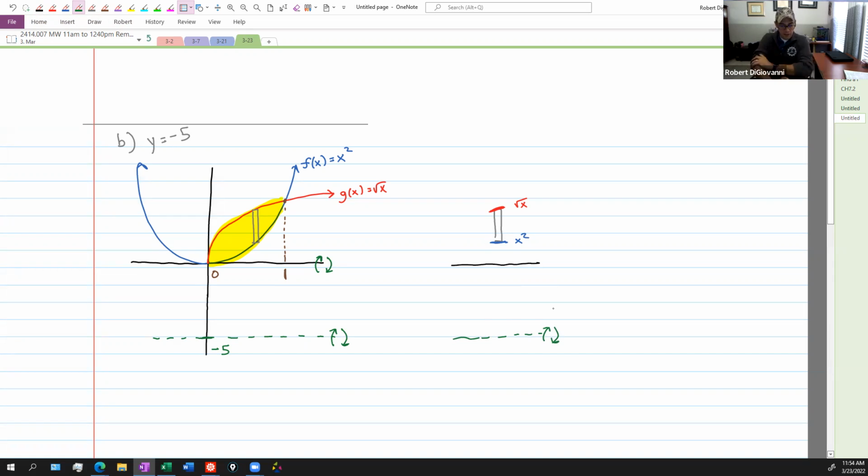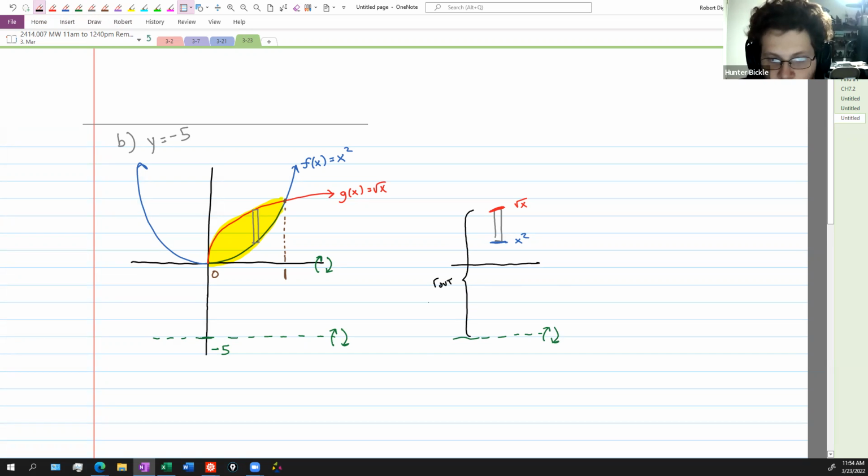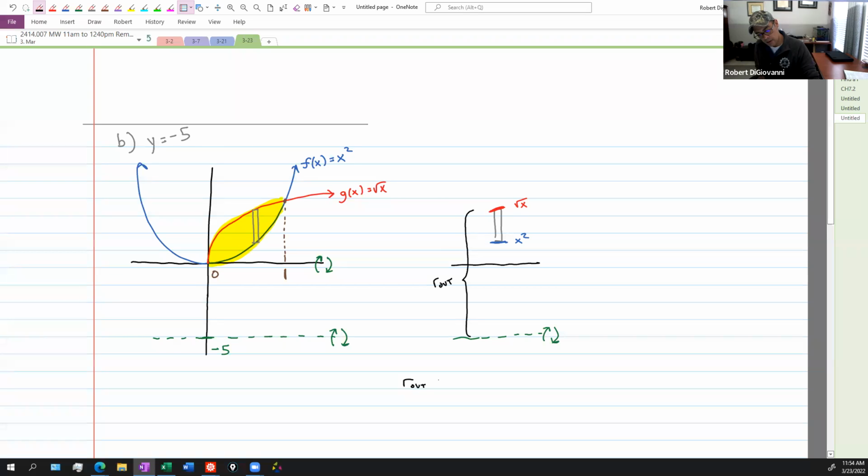And now let's figure out what r out is. All right, r out is going to be this distance all the way from here all the way down. Wouldn't it be root x plus 5? Root x plus 5. Because the distance from here to here is root x, and the distance from here to here is 5 units. So root x plus 5.